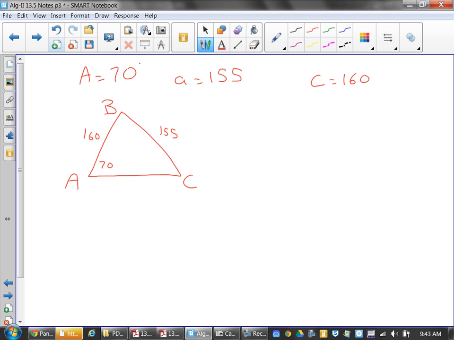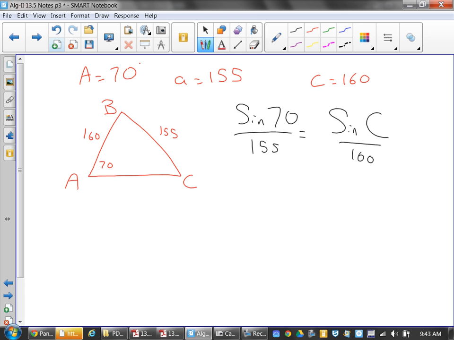When you're setting this up, this is telling you to find what angle first? Correct. It's forcing you to figure out angle C to start with. So we set up our law of sines like you would normally. So we have the sine of 70 is to 155, as the sine of angle C is to 160.